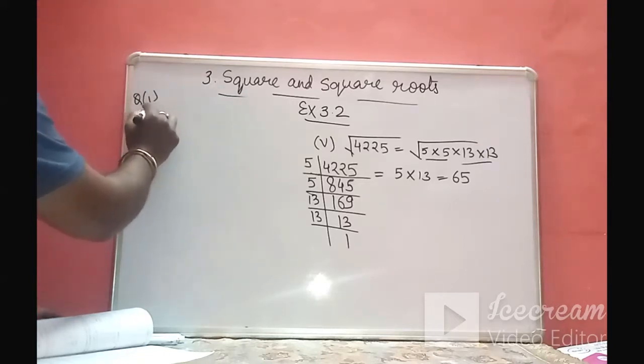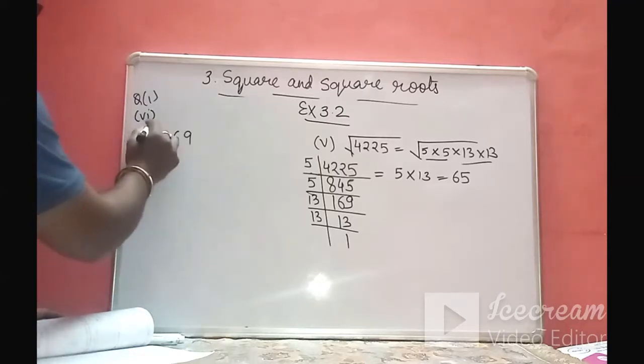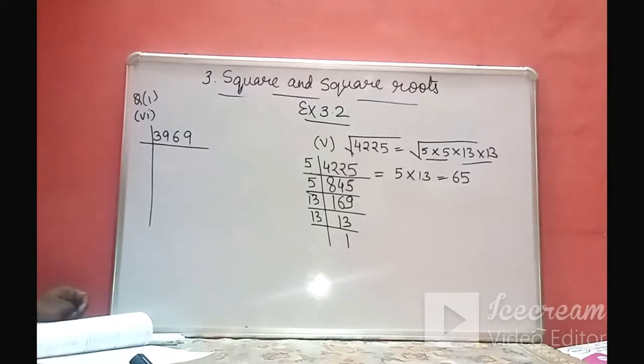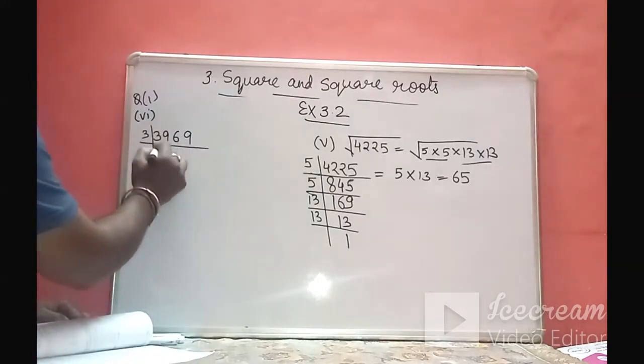Let's say the number is 3969. Okay, so again we will do the prime factorization. We see this number is not divisible by 2, and since the digit sum is divisible by 3, it is divisible by 3.